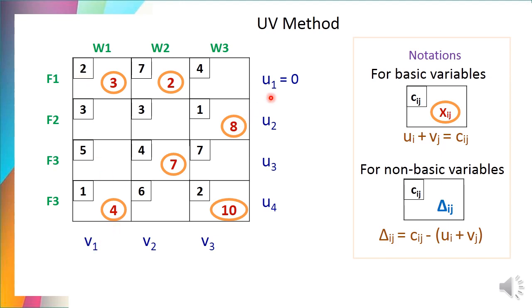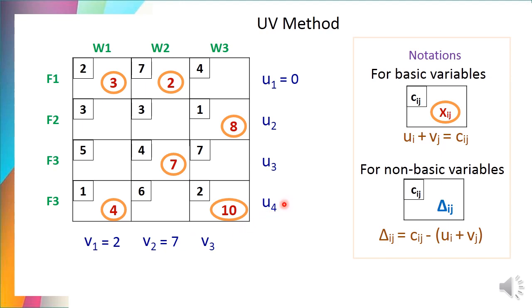So v1 plus 0 is equal to 2. That means the value of v1 is nothing but 2. So 2 plus 0 is equal to 2. Now get the values for v2. So the value of v2 plus 0 is equal to 7. Therefore v2 is equal to 7.